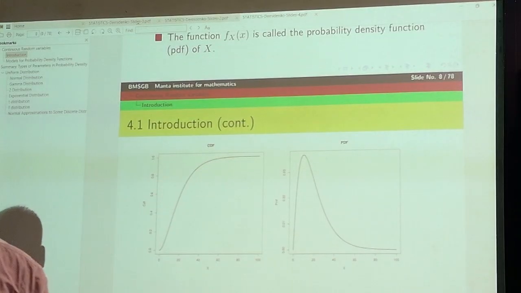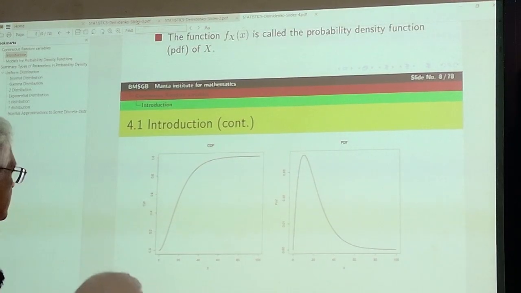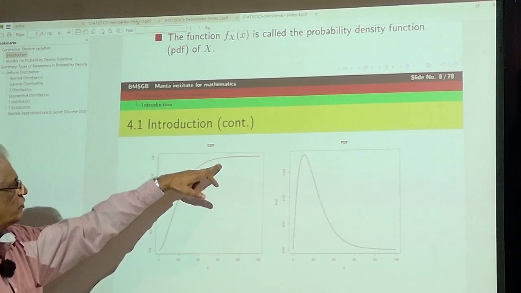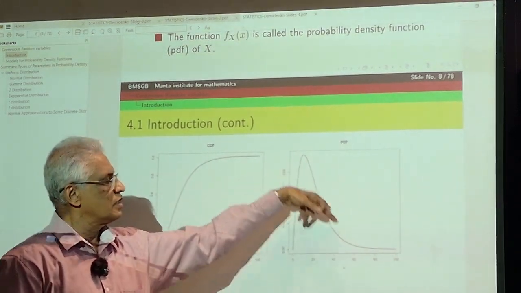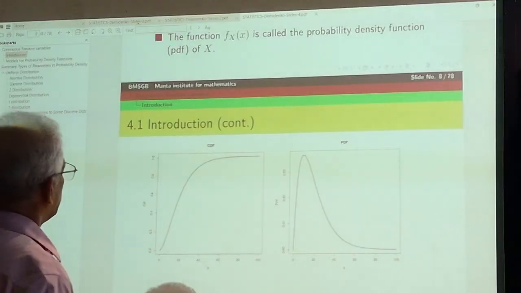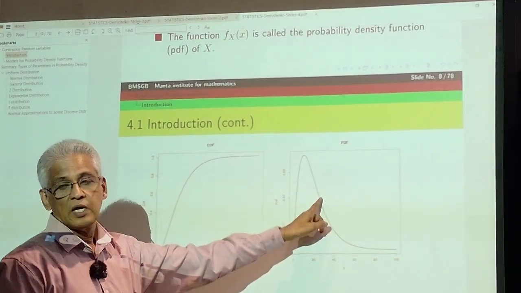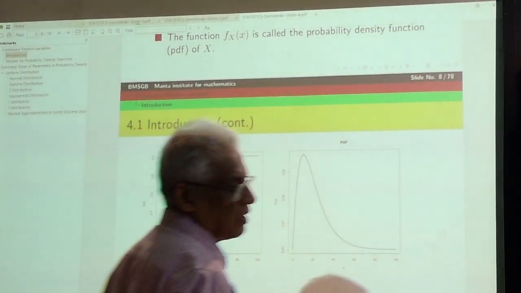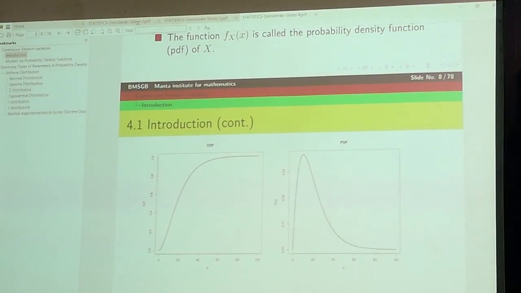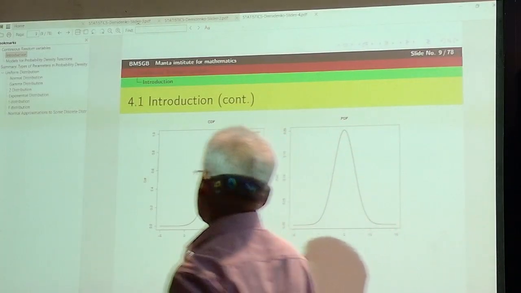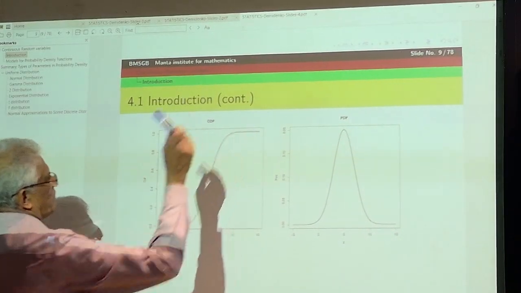Generally any continuous random variable will have this kind of shape for a cumulative distribution function. If you take the derivative of this function, this is the curve that you get. So for this CDF, this is the probability density function. The CDF can also be like this, which is also a non-decreasing function.